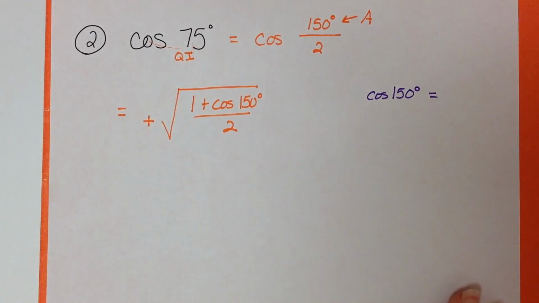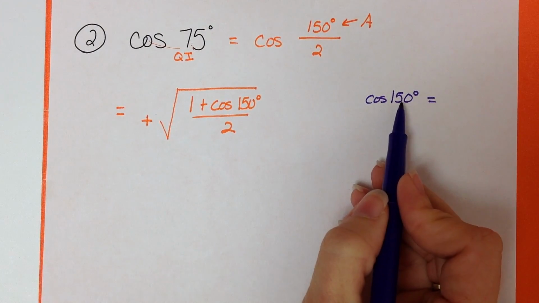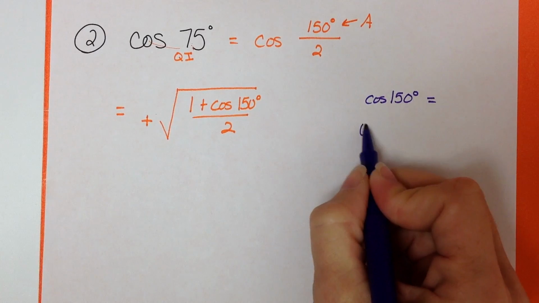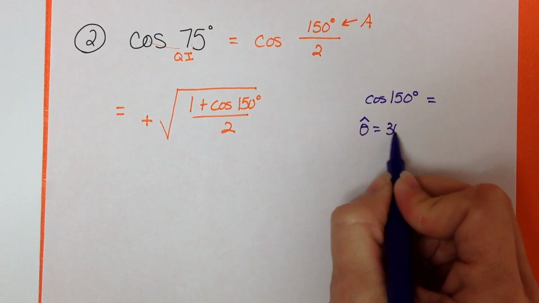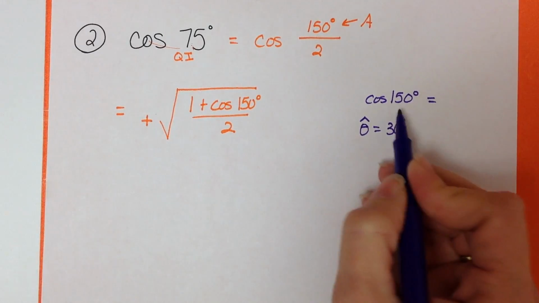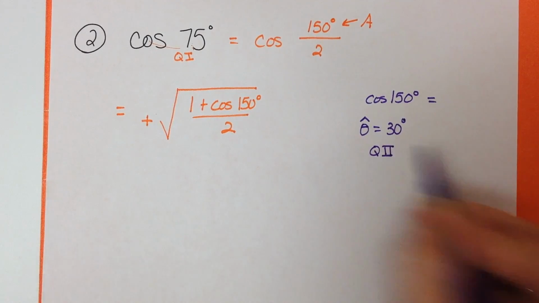Alright, so what you need to recall, of course you could draw this in standard position if you choose to, but your reference angle for 150 degrees is 30 degrees. And 150 degrees would terminate in the second quadrant.